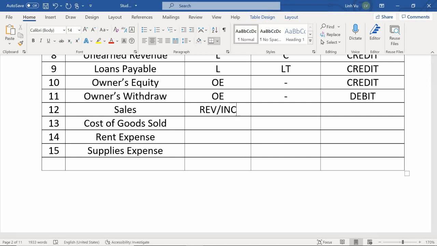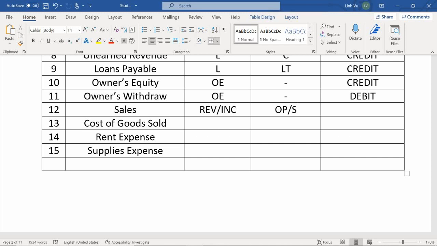I think in the exam I use revenues. Now, what kind of category would sales be? Operating revenues. Yes, it would be part of operating revenues. If it just says sales, then that is also an option because we're looking at a merchandising activity.